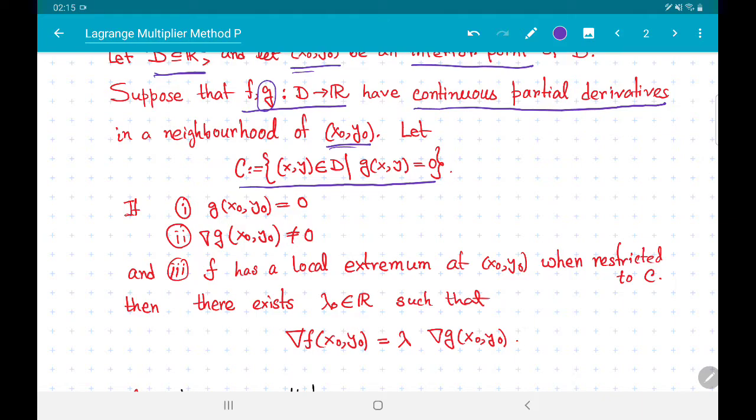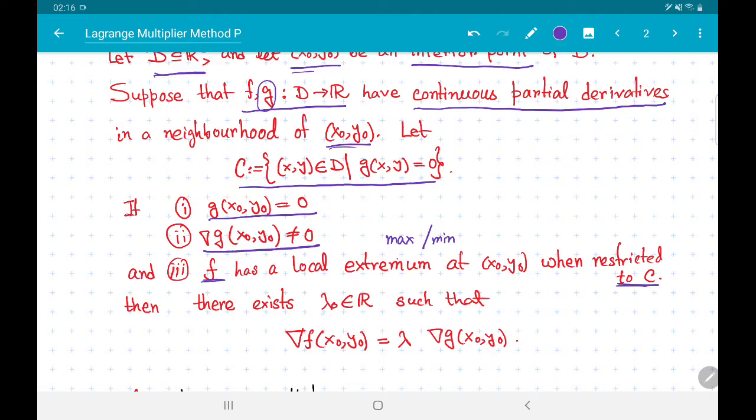Now, if the following three conditions are true, what are the three conditions? g of x0, y0 is equal to 0. So the point in the previous example is a point on the unit circle. Suppose that the gradient of g at x0, y0 is not equal to 0. And the third condition is that f has a local extremum, meaning either a local maxima or a local minima, at the point x0, y0 when f is restricted to C. In our previous example, that is when the function f is restricted to the unit circle.